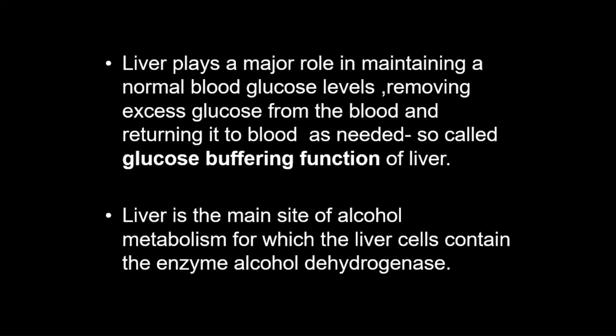It means that the extra amount of glucose in the blood is converted into glycogen and stored in the liver and muscle. And if there is a too low blood glucose level, then this glycogen is again converted into glucose, and it will maintain the normal blood glucose level. So the liver also functions as a glucose buffer.